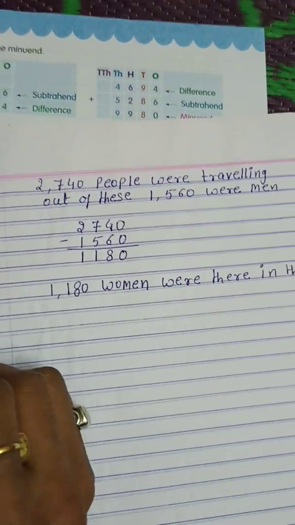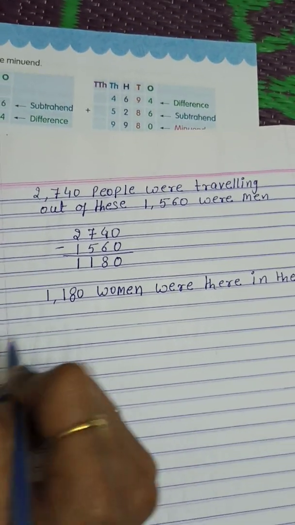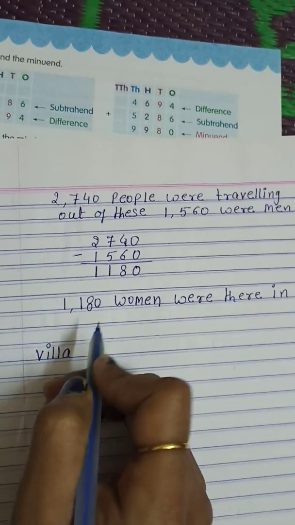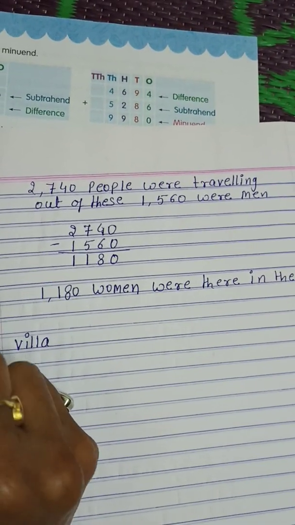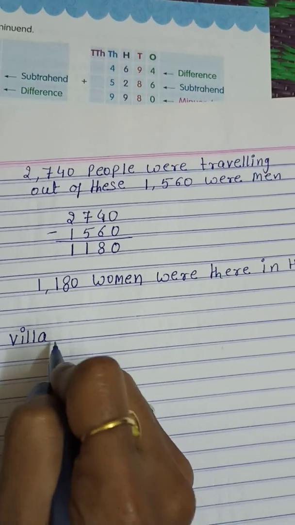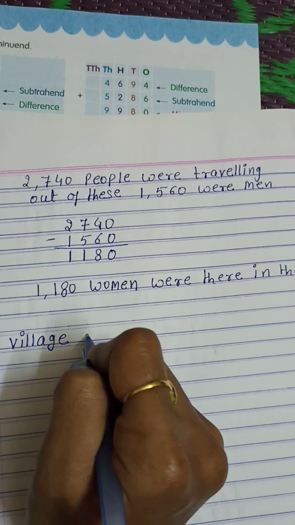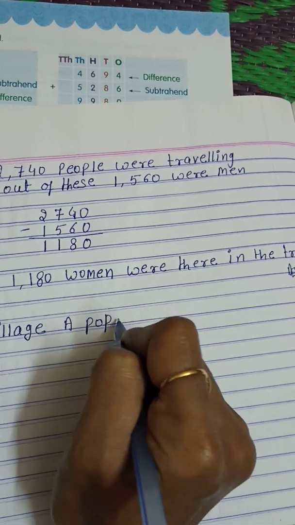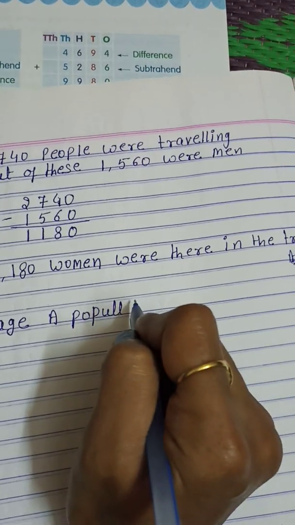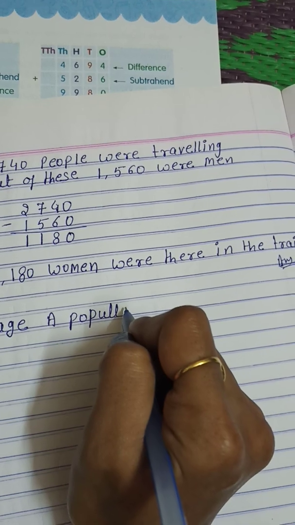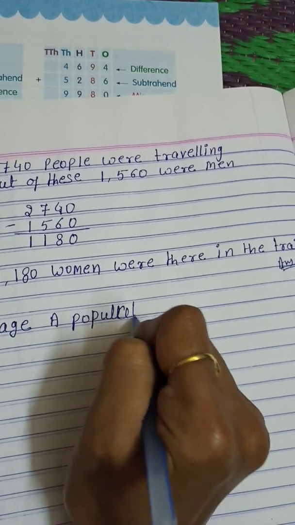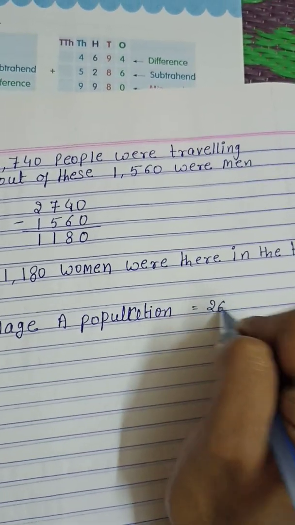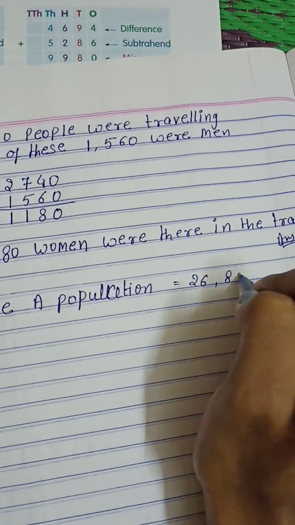First of all, we have to write question number B. Village A population, how many? 26,820.